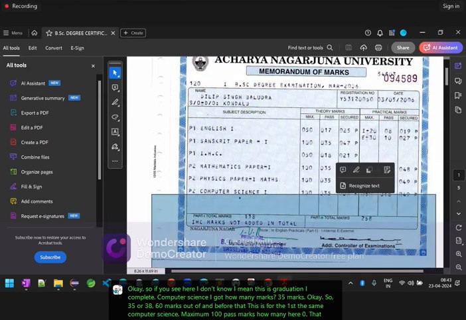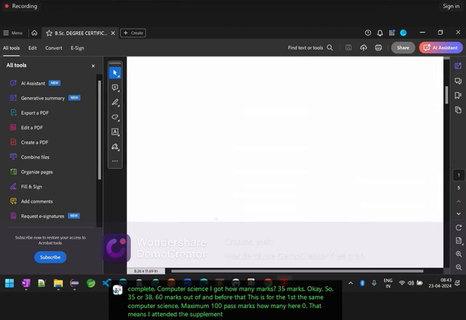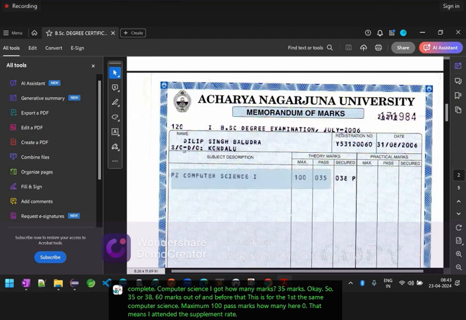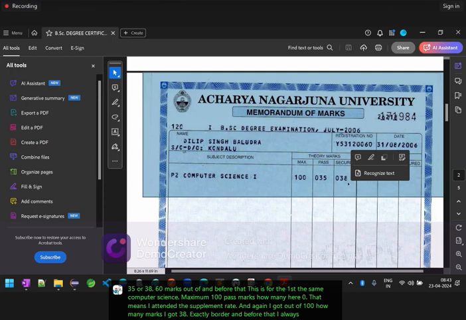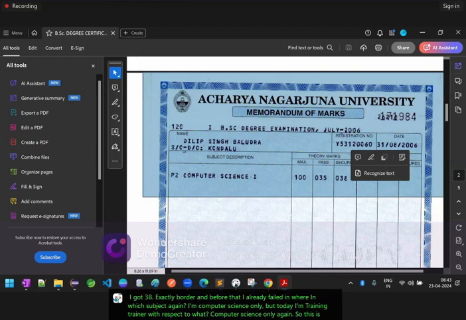That means I attended the supplementary. And again, out of 100, how many marks did I get? 38. Exactly border. And before that, I had already failed, in computer science only. But today I'm a trainer with respect to computer science only again. This is my certificate, I'm telling you.